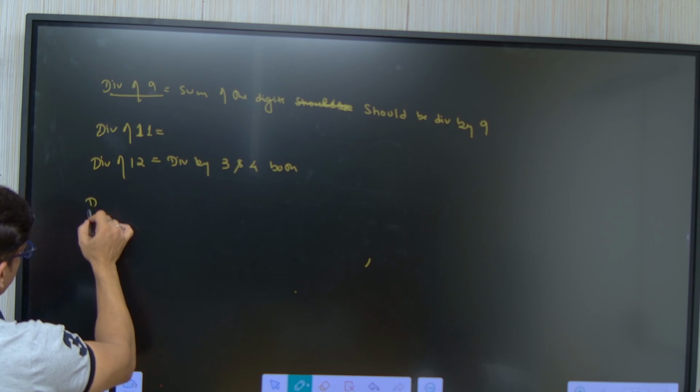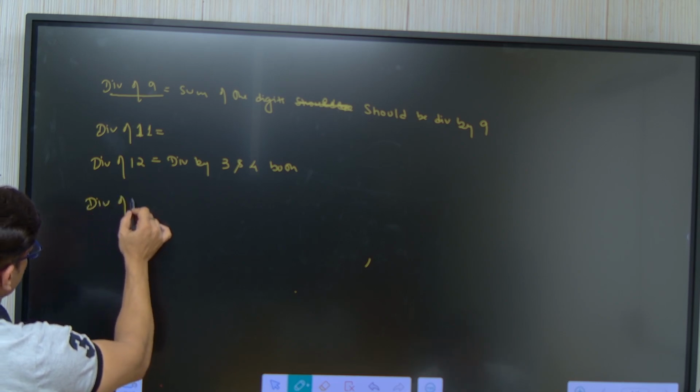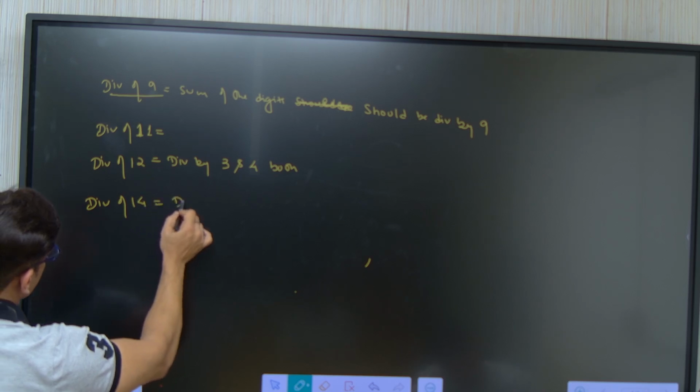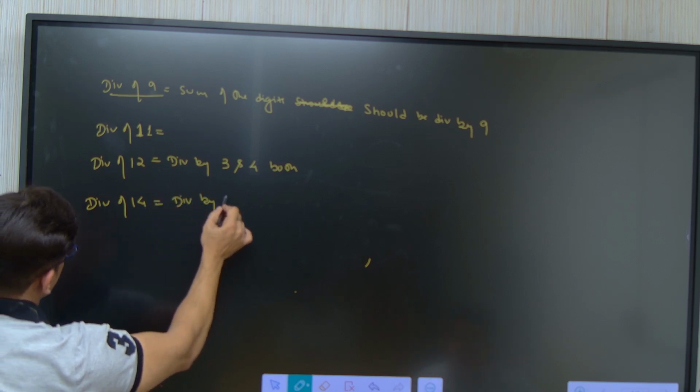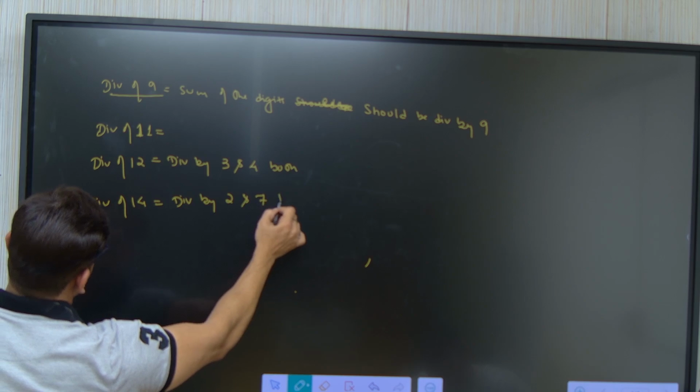Thirteen is again prime. We'll take it later on. Divisibility of 14 is what? Should be divisible by 2 and 7 both.